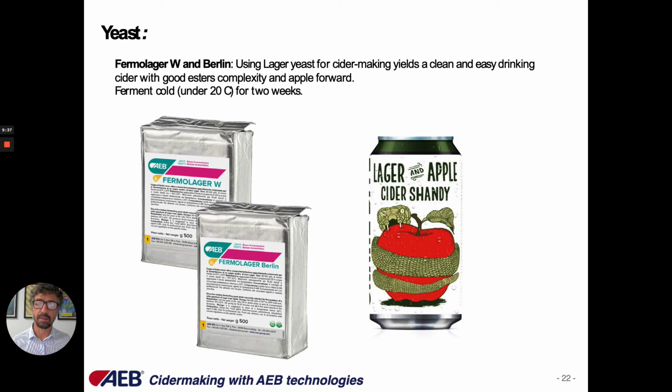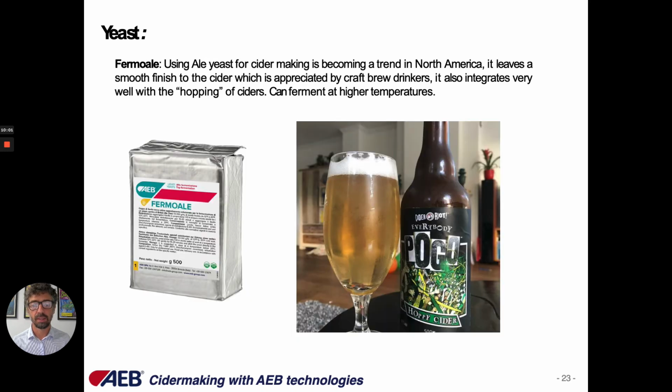Another yeast that characterizes the cider a little bit more than the apple will, so a characterization coming from the yeast, is the lager yeast, which is also used to make very clean and easy drinking cider, but with a very good complexity and expression of esters. This has to be fermented kind of cold, definitely under 20 Celsius.